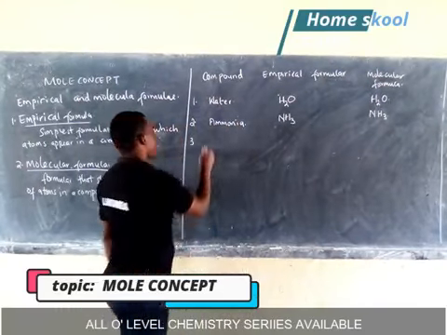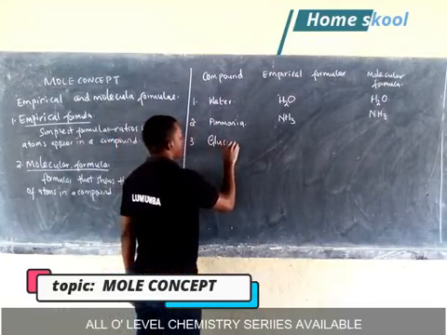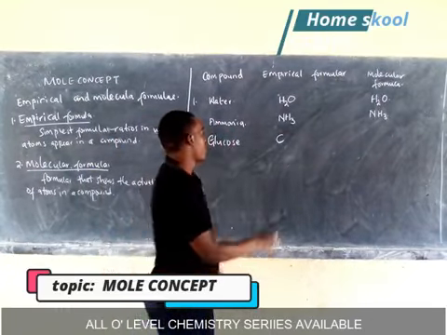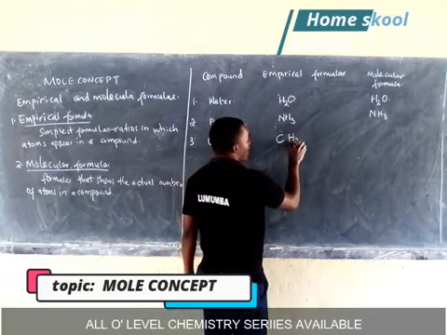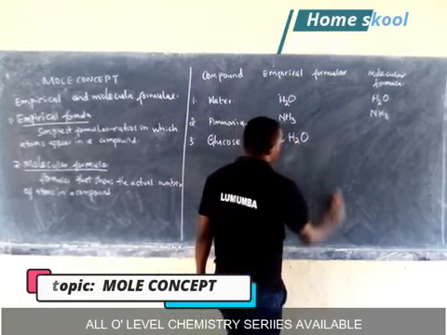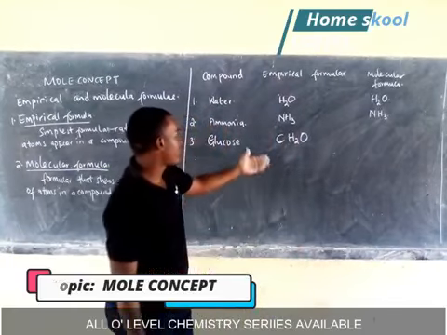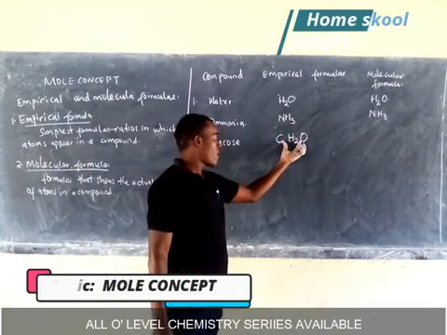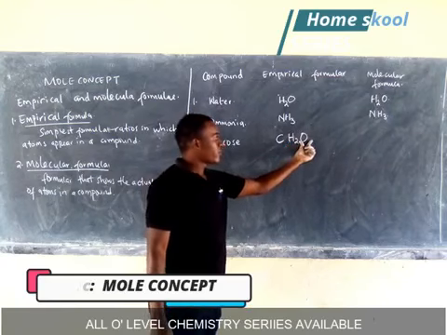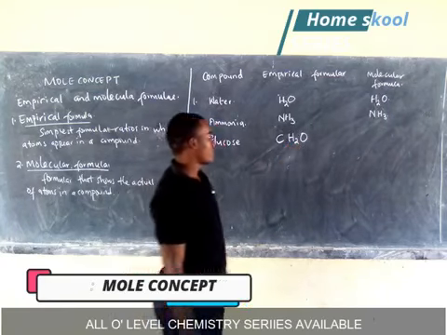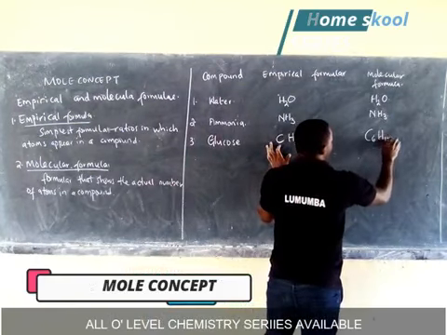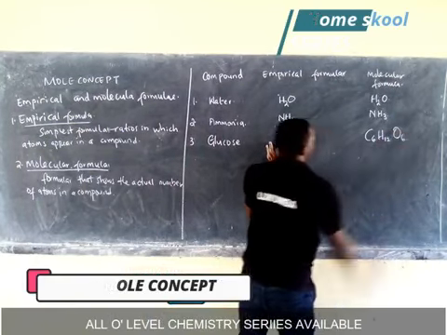Whereas for glucose, we have 1 carbon atom and 2 hydrogen atoms, then 1 oxygen atom. So the empirical formula for glucose, we have 1 carbon atom, 2 hydrogen atoms, and then 1 oxygen atom. So the molecular formula for glucose is C6H12O6.